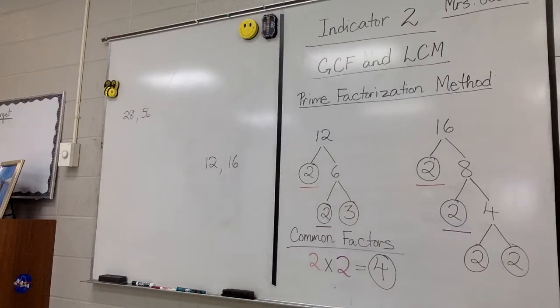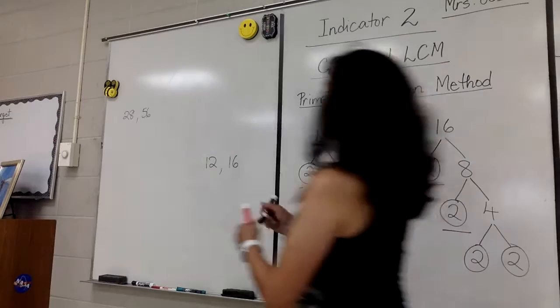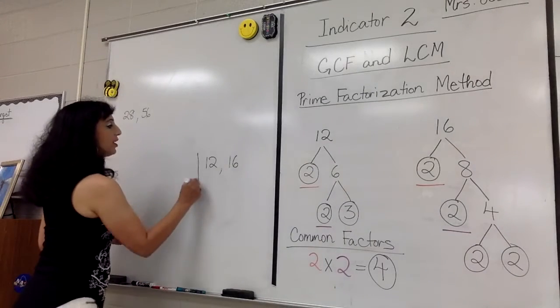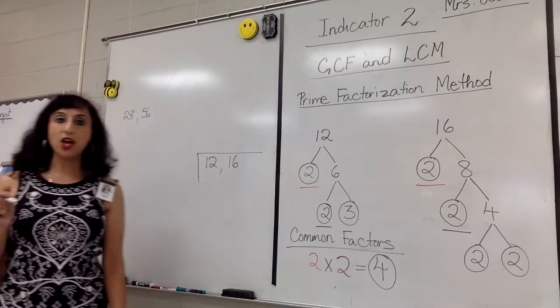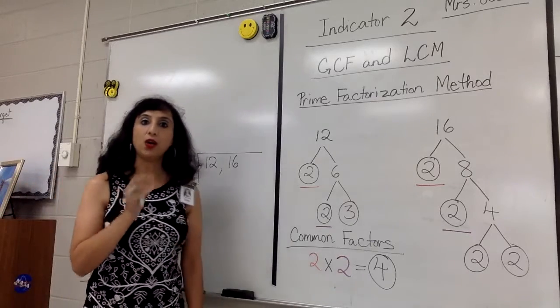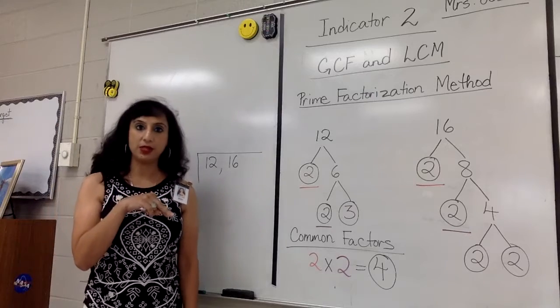Okay, so now what I'm going to do is I am going to see both of these numbers and I am going to try to divide them using the divisibility rules. So I'm just going to put the division sign, and based on divisibility rules, I know that both of these are even numbers.